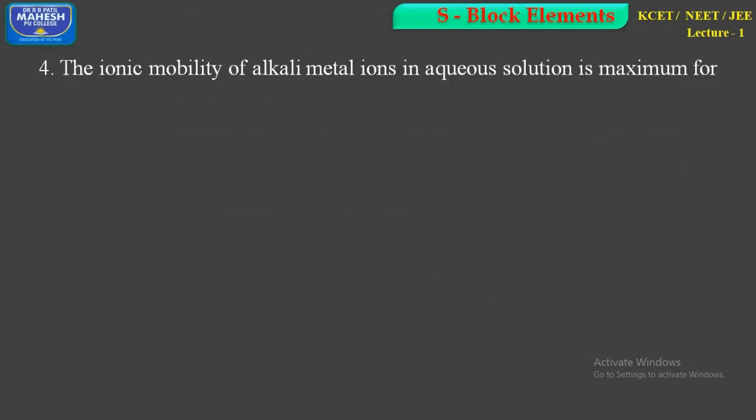Question 4. The ionic mobility of alkali metal ions in aqueous solution is maximum for option A, potassium cation, option B, rubidium cation, option C, lithium cation, and option D, sodium cation.